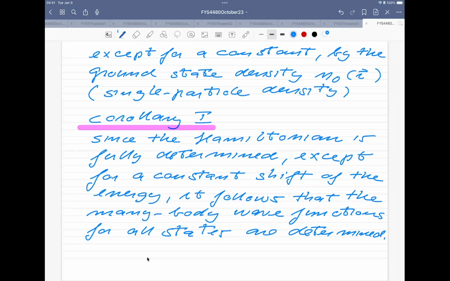And you can then relate some of these to experiments. In nuclear physics, it's very popular to look at beta decay or gamma decays, where an excited state decays, for instance, to the ground state. You can then calculate the related time or lifetime of a given state, and these are things which you can extract from experiment. So if you have the ground state density, you can calculate all properties of the system.